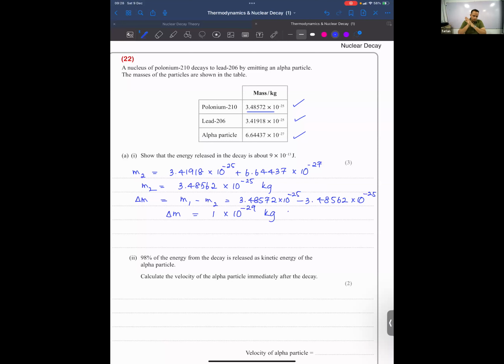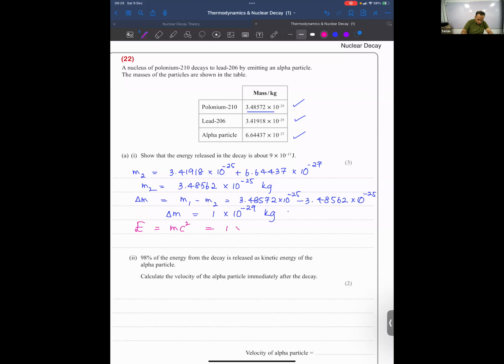If the mass is reducing by this much, an equivalent amount of energy will be generated. So in this decay, the energy released is found using E equals mc square.